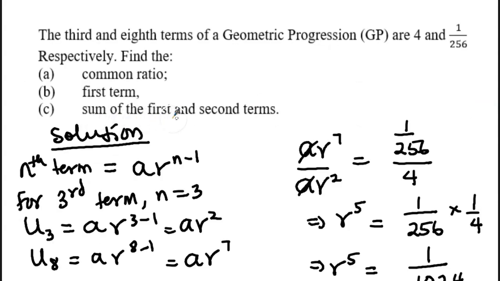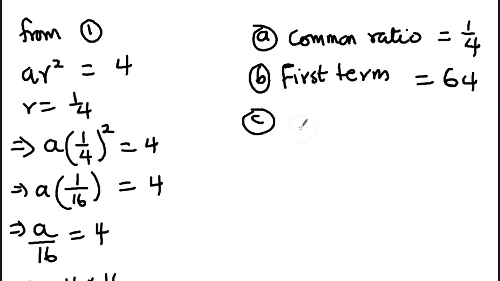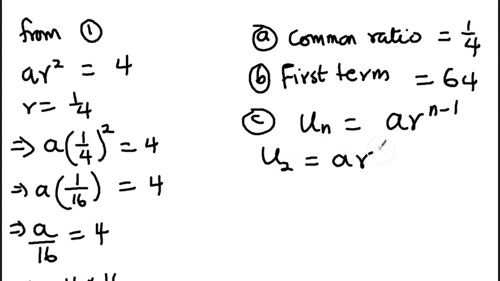Now let's look at the last part. We have to find the sum of the first and second terms. We already know the first term, so let's look at the second term. We said that the nth term of a GP is given by A r to the power n minus 1. So the second term will be A r to the power 2 minus 1, which is equal to A R. Now we know our first term and the common ratio.